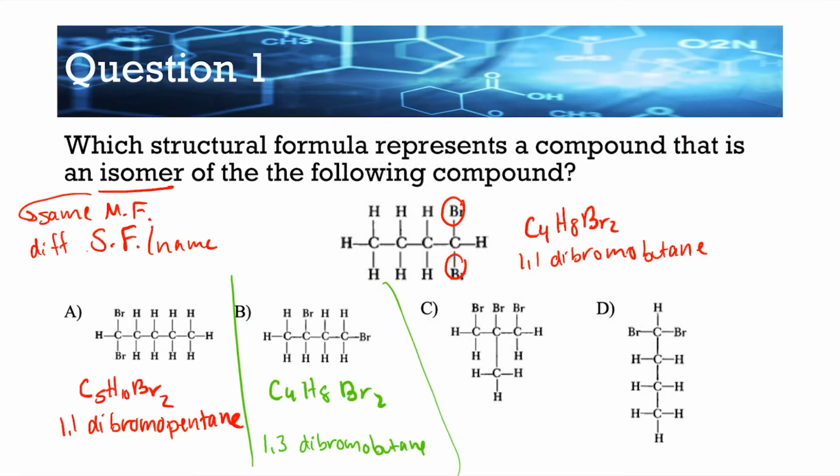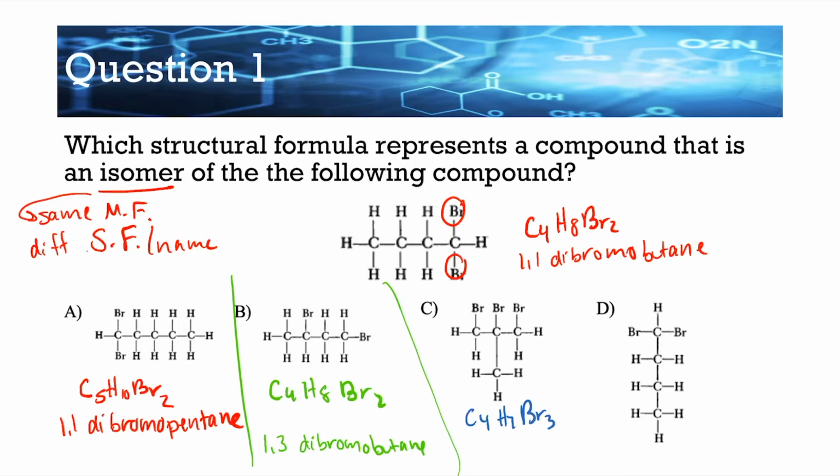Choice C, the formula is C4H7Br3. So we know right there that the formula is off, so it can't be that. The name is really confusing as well. If you wanted to, you could try it.